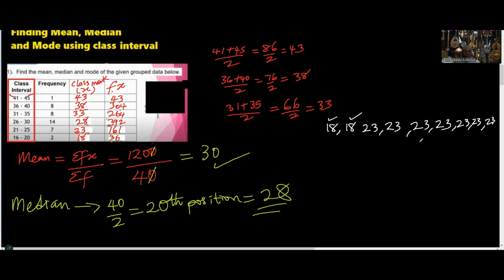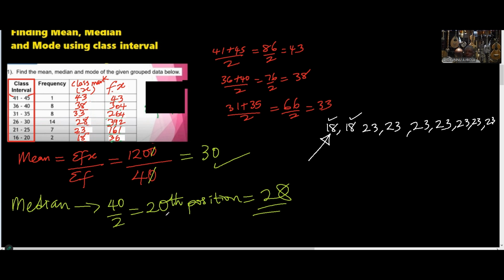What is the middle position of all our numbers? The total of the numbers is what? 40, right?